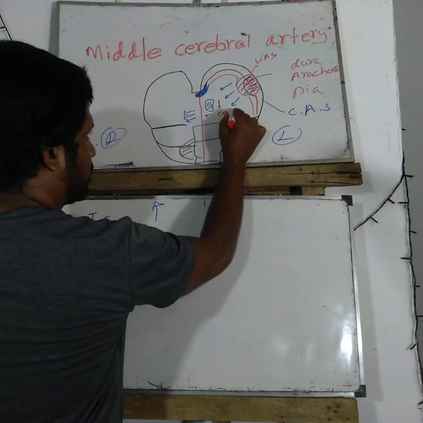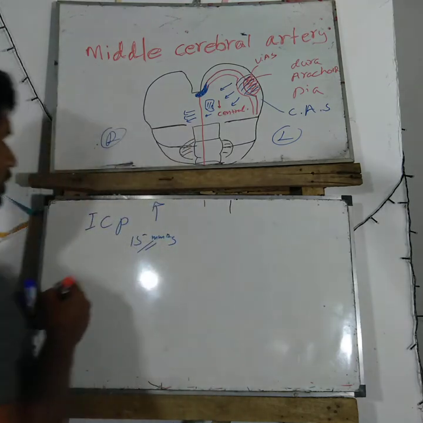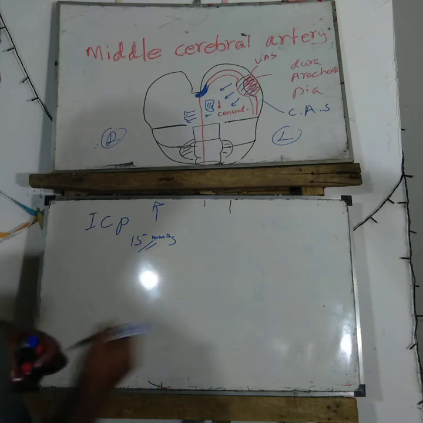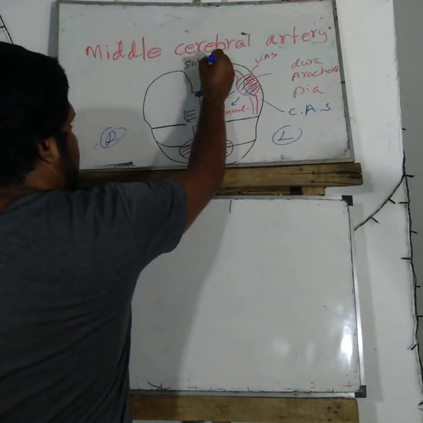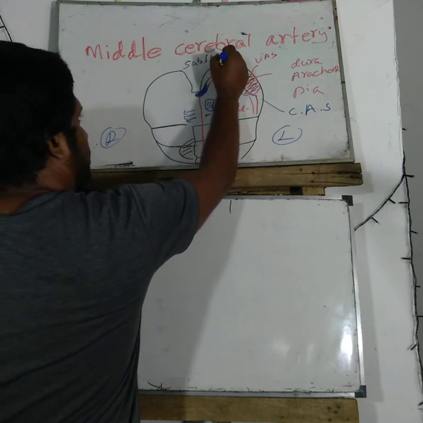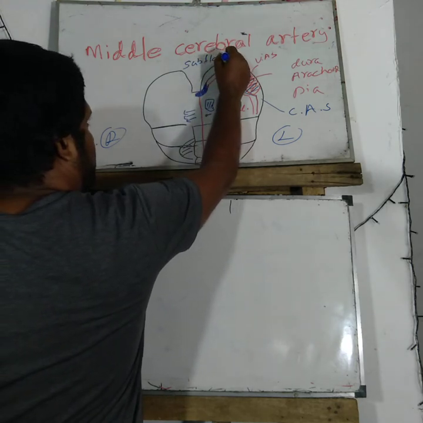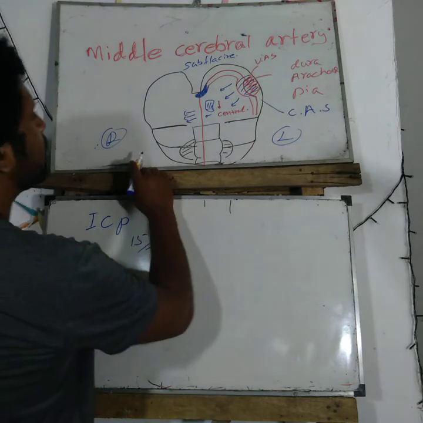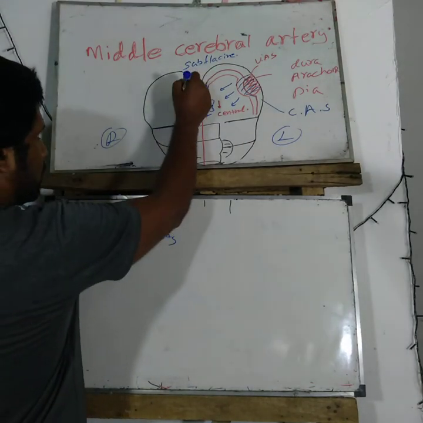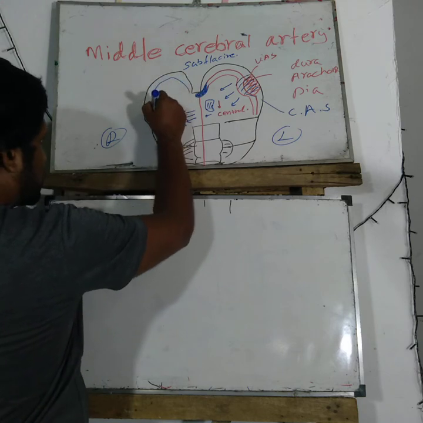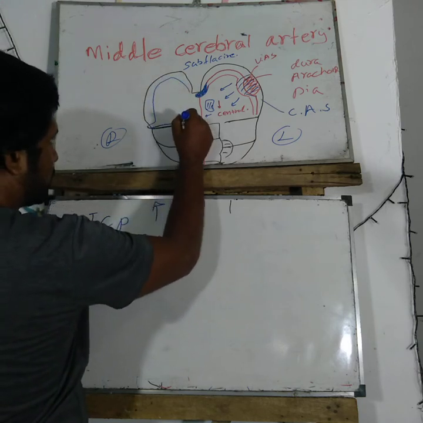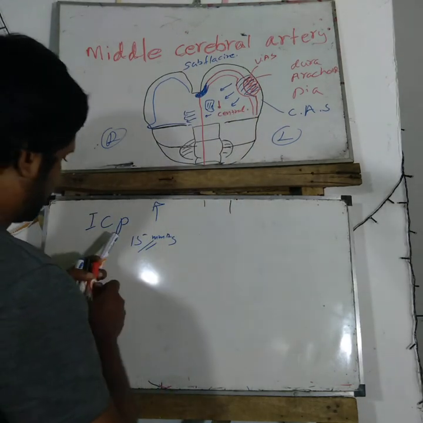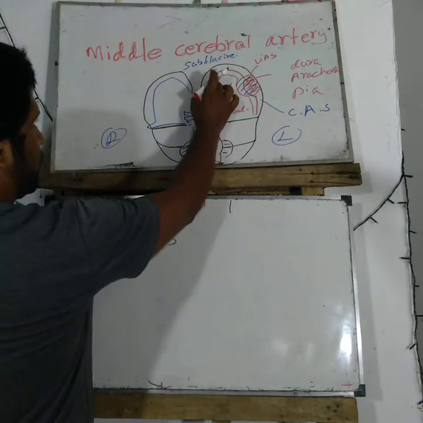This is the central area. In this cortex, this area is also compressed. This is the cingulate gyrus.